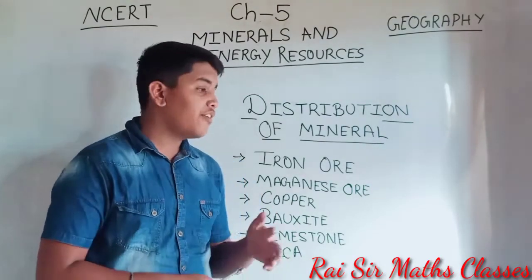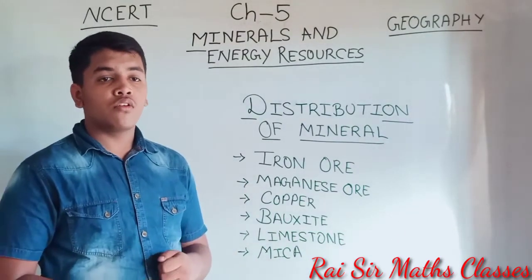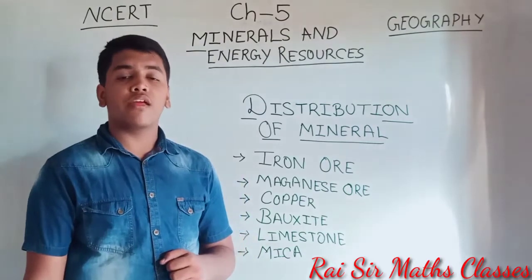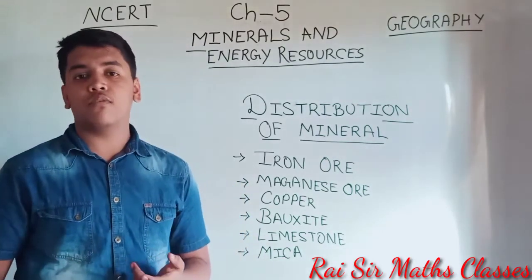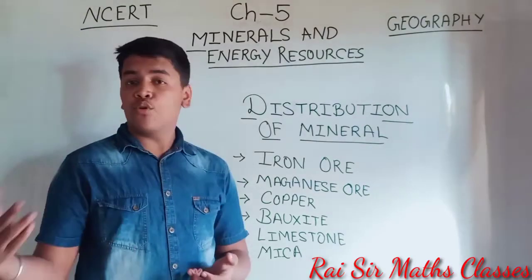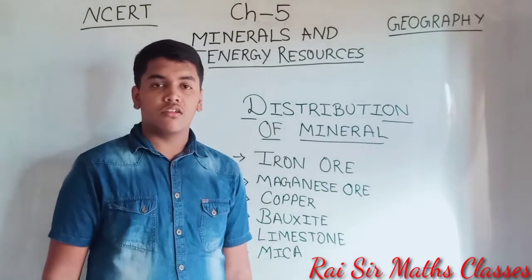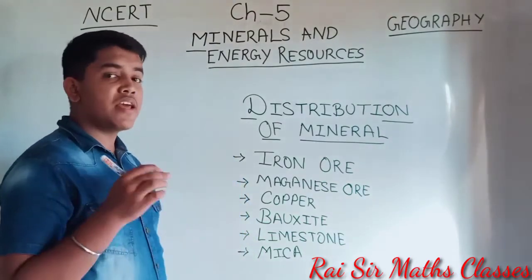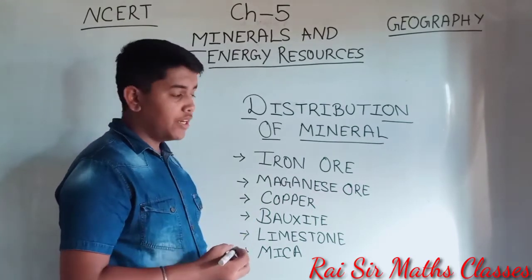As I told you, minerals are natural substances found in liquid form, gaseous form and solid form. It is a homogeneous mixture, a balanced mixture. So we have completed iron.